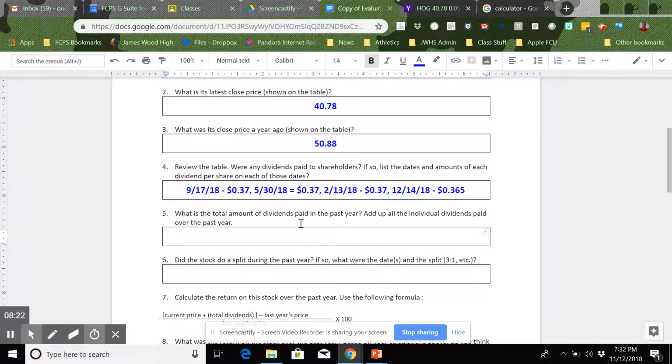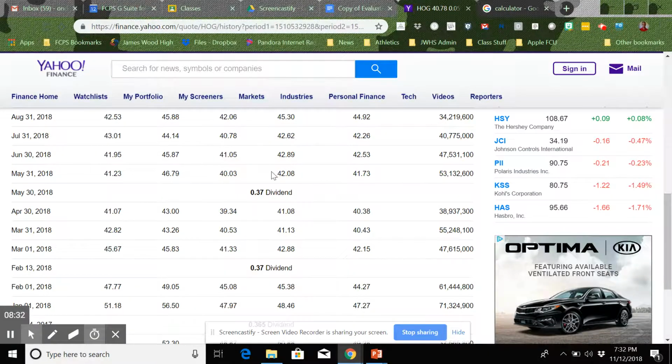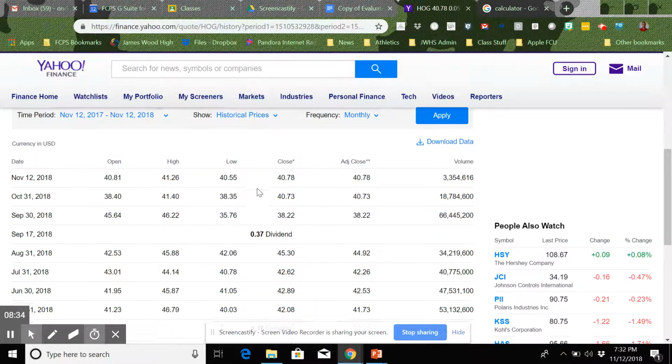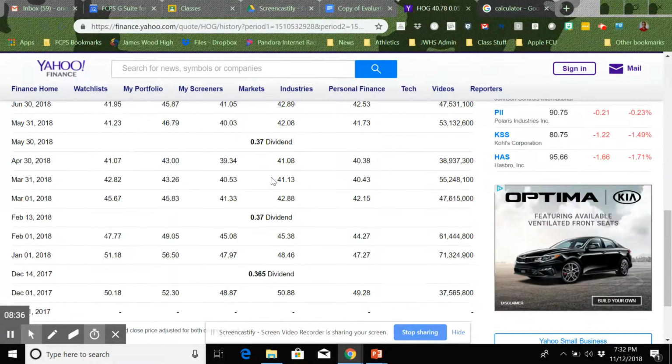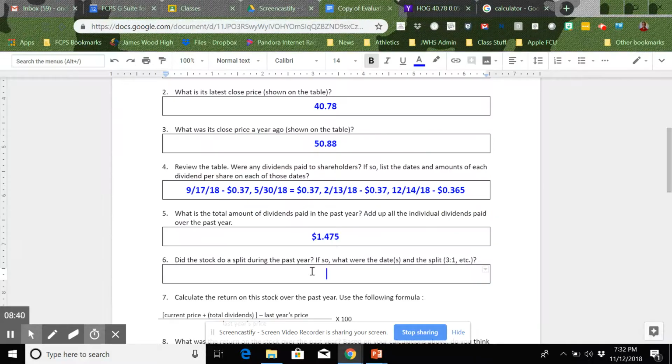So this is $1.475. Then it asks if there was a split. You'd easily be able to tell if it did a split, because it would actually tell you somewhere along here, 2-for-1 split, 3-for-1 split, 4-for-1 split. Since we don't see any splits, this obviously did not split. So I would just say none.